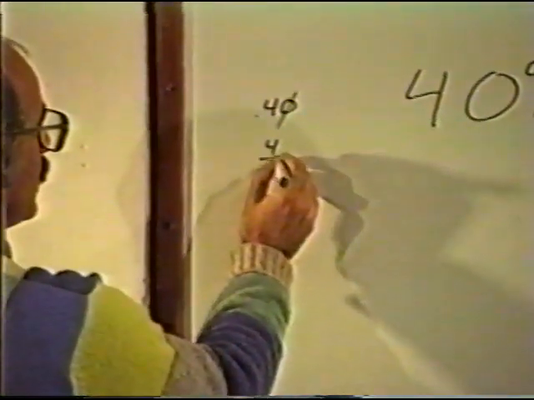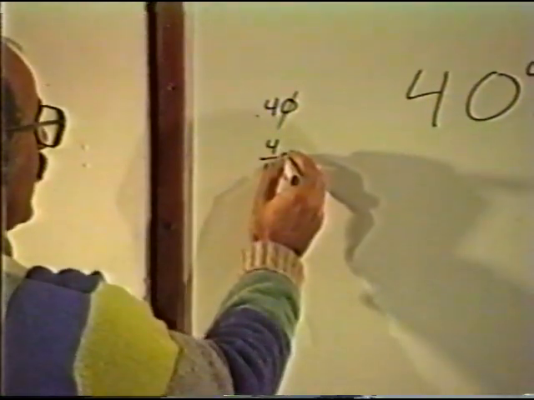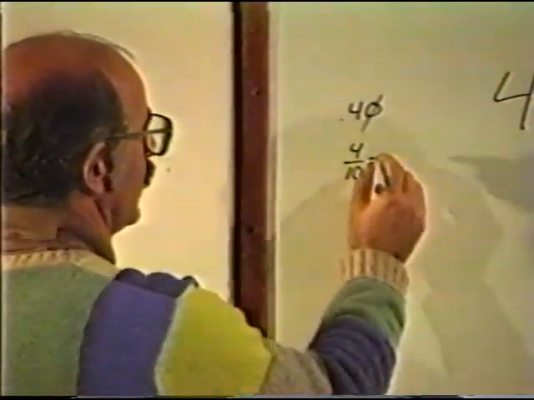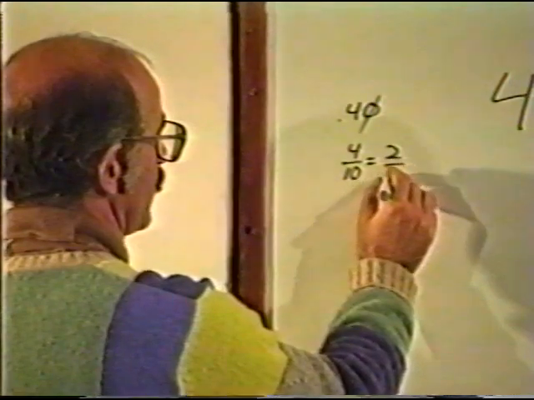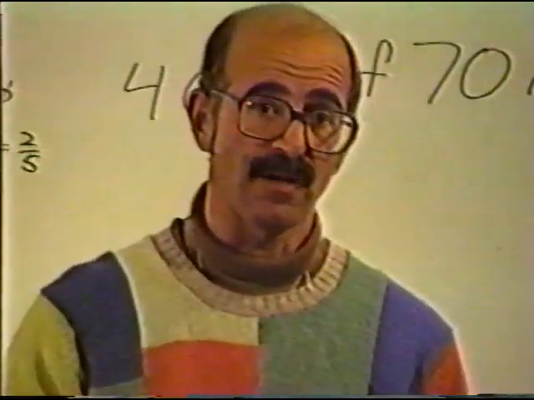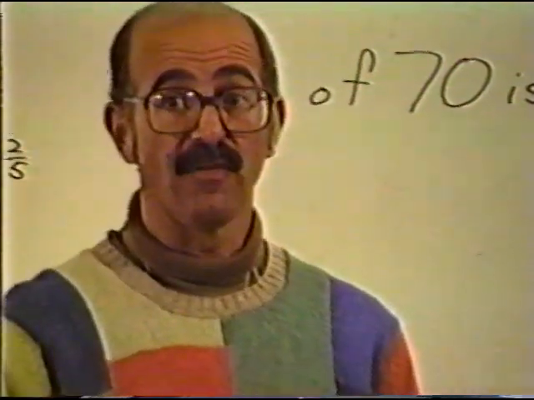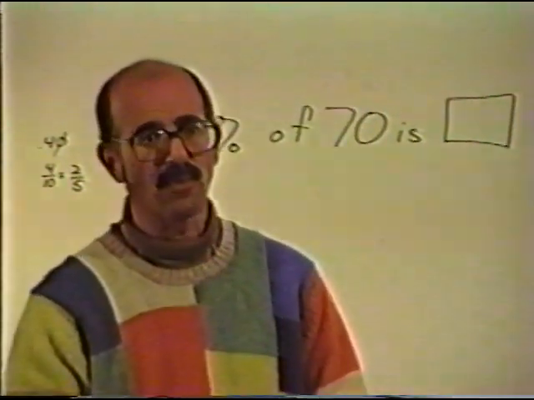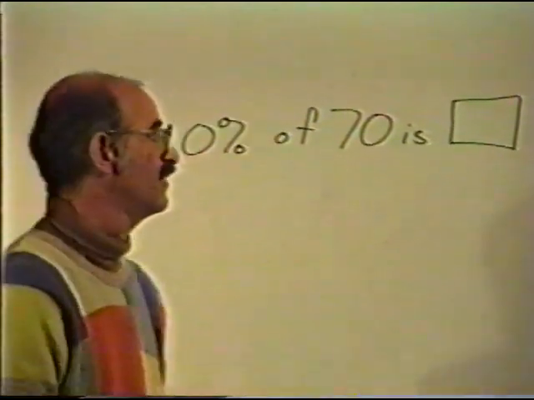As a fraction, that's 4 tenths, and that can be reduced to 2/5. Now, that's even one that you should know automatically. As soon as you see 40%, you should know 2/5. But I worked it out for you just as a review.